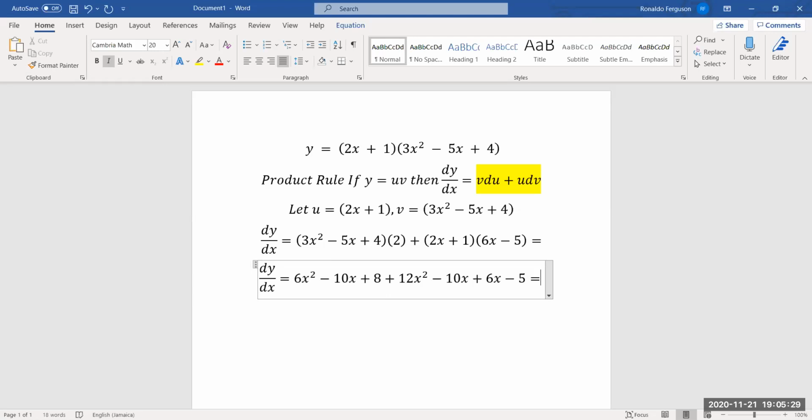Now all we're going to do is group them and simplify them. So dy by dx is the 6x squared plus the 12x squared is 18x squared. And then the minus 10x plus 6x is what?